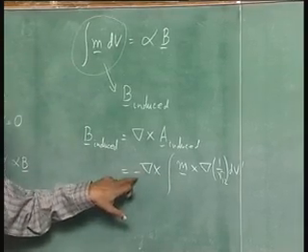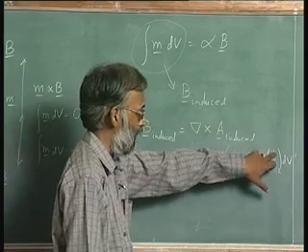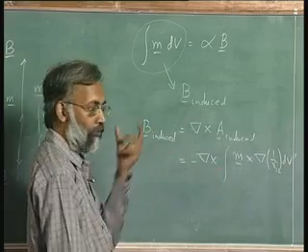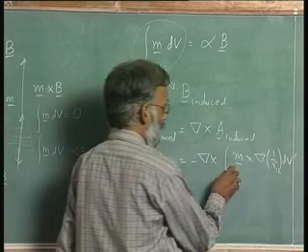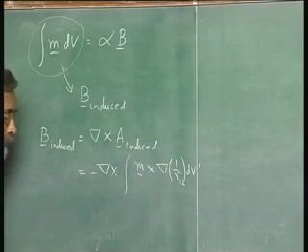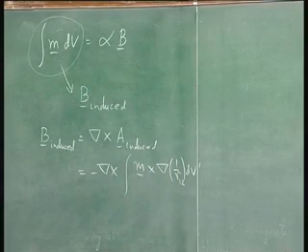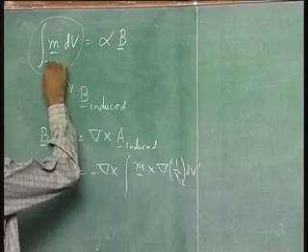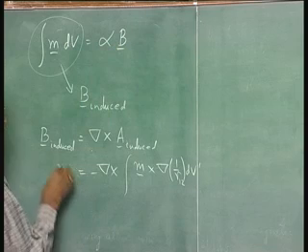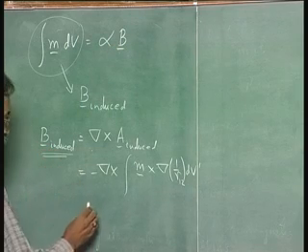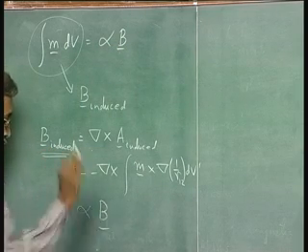This is the expression: minus m cross gradient of 1 over r is A induced due to one loop. I am integrating over all the loops in a volume. Now, if this integral m dv is proportional to B, obviously the B induced is also proportional to B.